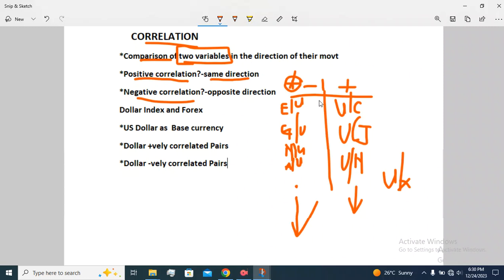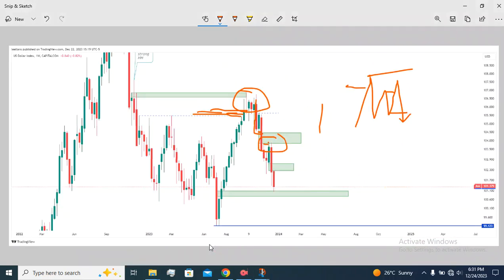We have EURUSD, GBPUSD, NZDUSD, AUDUSD. Those are the negatively correlated. They move in the opposite direction. When the dollar index is moving up, they are moving in the opposite direction. Let's put this into perspective from this chart.